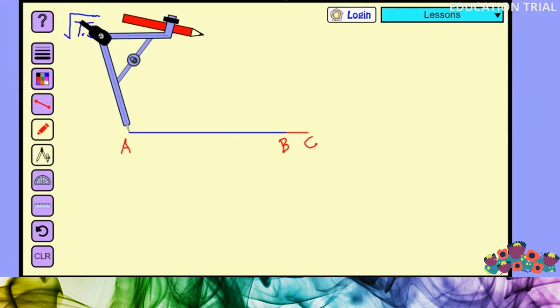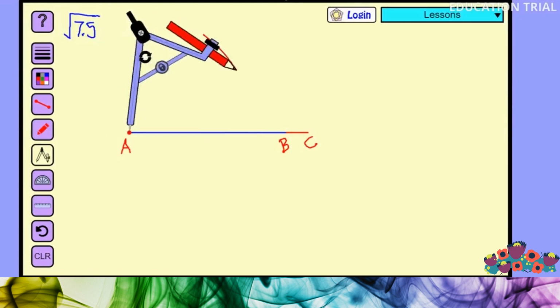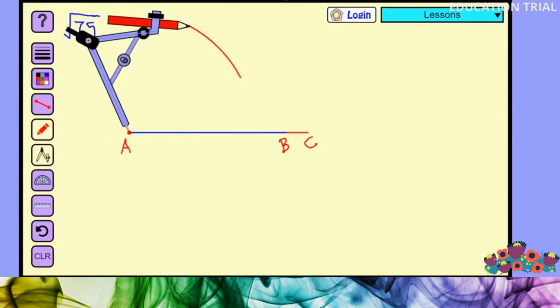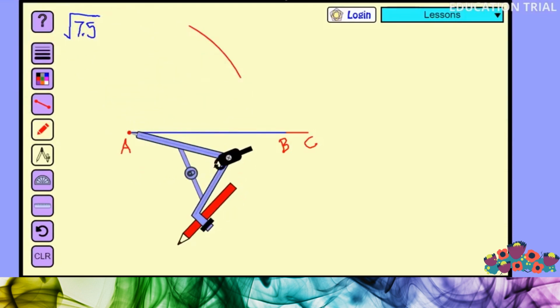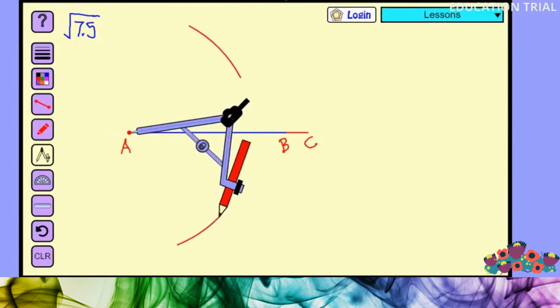I want to bisect this line so that I can find the midpoint of this line segment. Same way, I am drawing downwards also, drawing an arc.